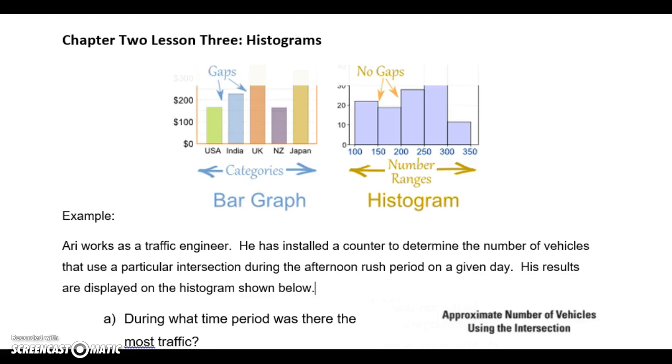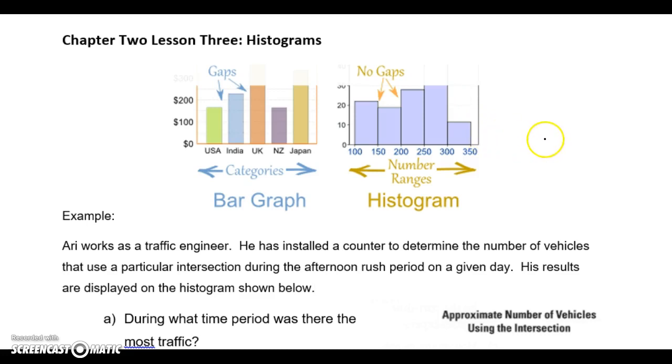Now, before we jump into our first example, we first need to talk about what is the difference between a bar graph and a histogram. One of the major differences is that there are gaps between each of your bars in a bar graph, and there are no gaps between each bar in a histogram.